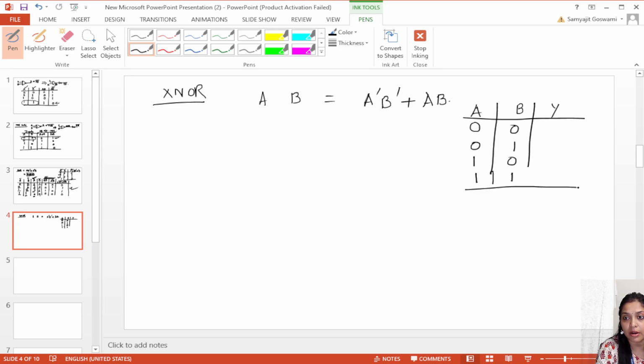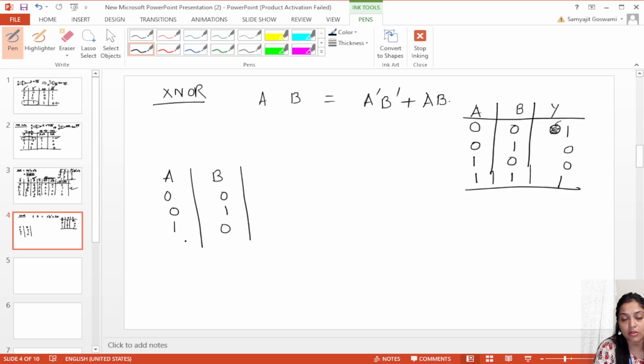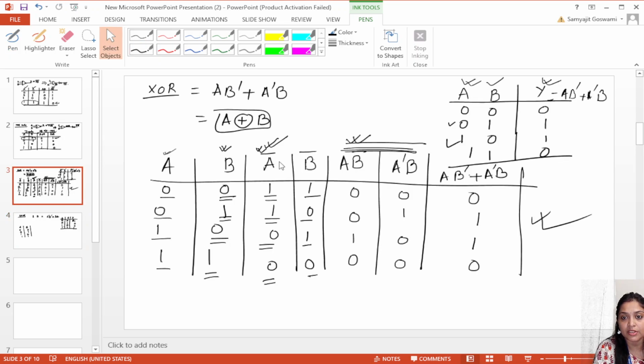Here this is A, this is B. The same process we have to follow here also.